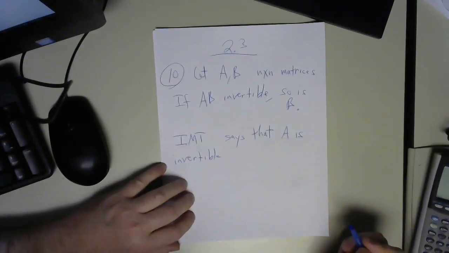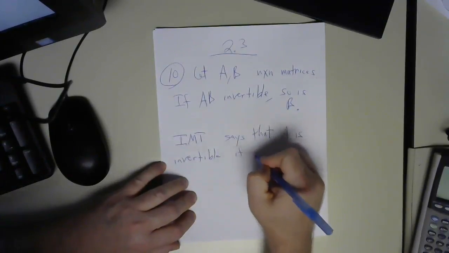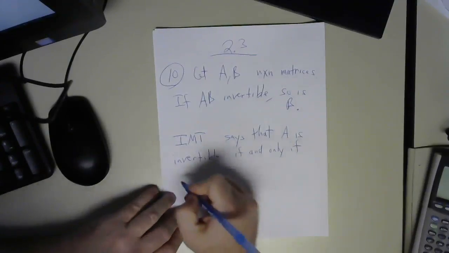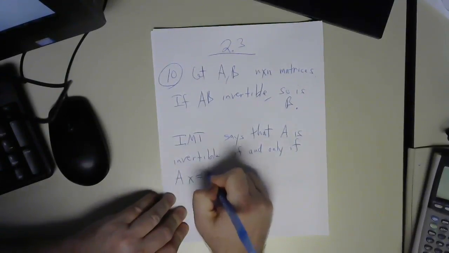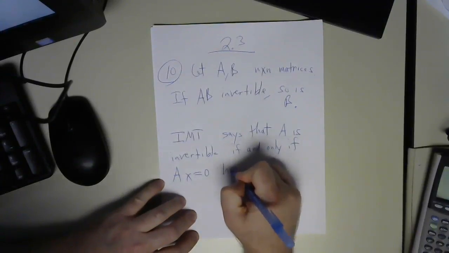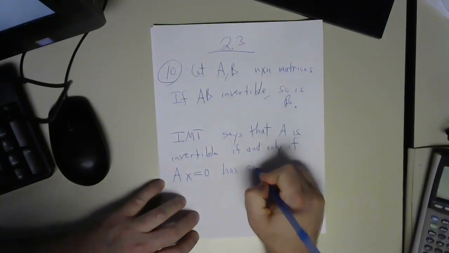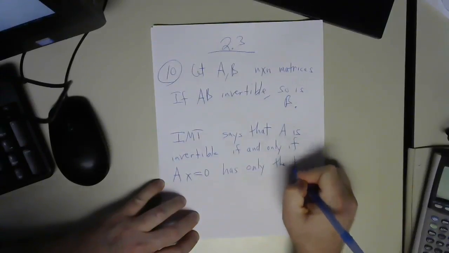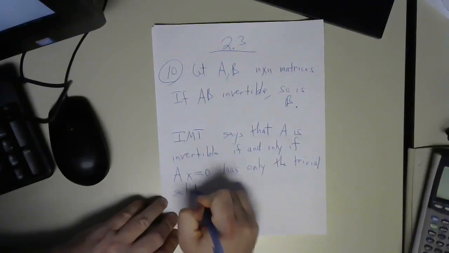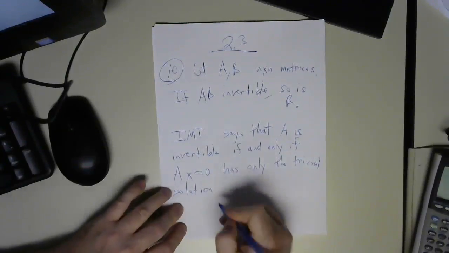The invertible matrix theorem says that A is invertible if and only if AX equals 0 has only the trivial solution. So that's kind of the big theorem in the section.